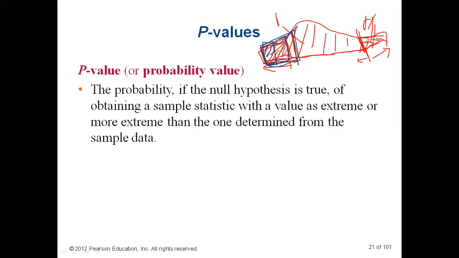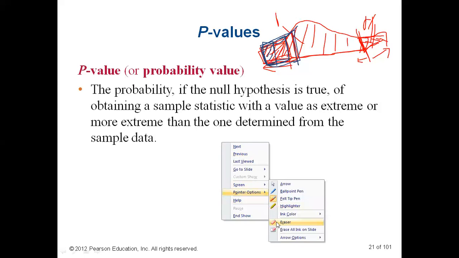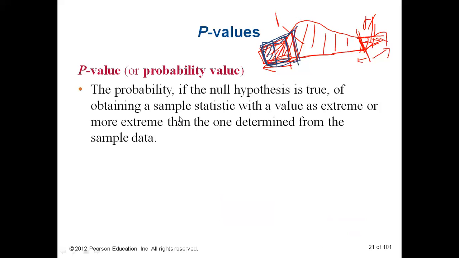The p value is the probability, if the null hypothesis is true, of obtaining a sample statistic with a value as extreme or more extreme than the one determined from the sample data.